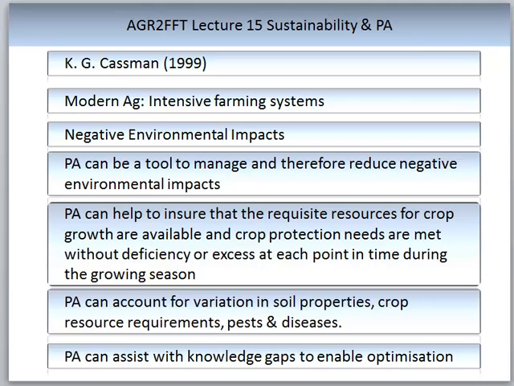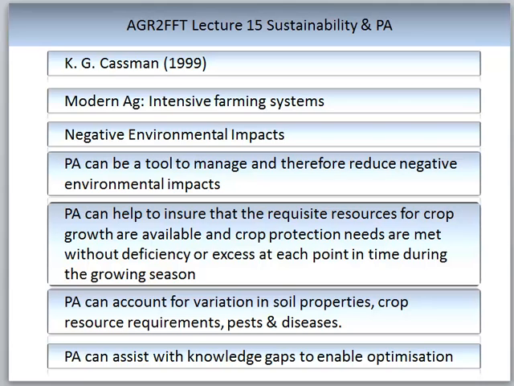PA is cited as being a tool to manage and therefore reduce these negative environmental impacts. PA can help to ensure that the requisite resources for crop growth are available and crop production needs are met without deficiency or excess at each point in time during the growing season.